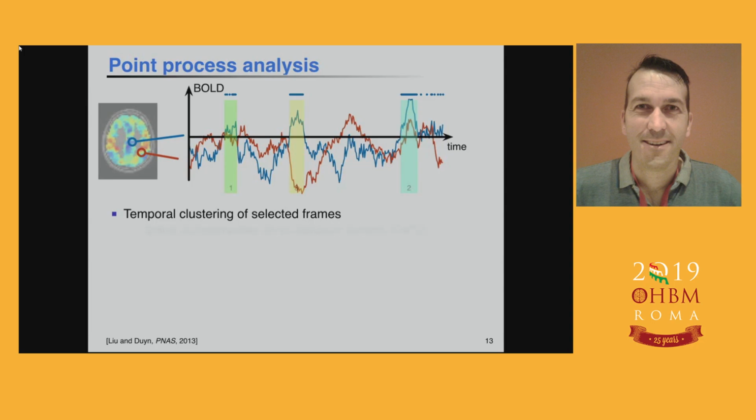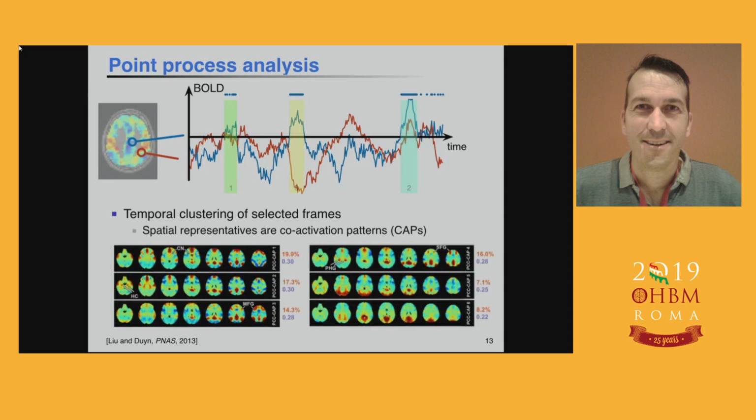And then for each label, you can compute the average over the associated frames, which are the spatial representatives of the temporal labels, and those are called co-activation patterns, or CAPs. And in a way, again, this is for PCC, you can see default mode network versus opposing networks in different proportions and with different parts contributing to different patterns.